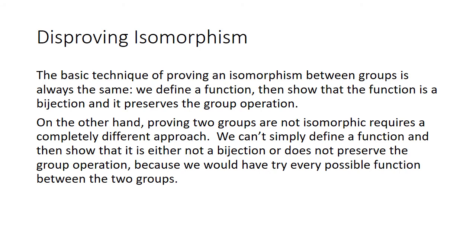We can't just define a function and then show that it's either not a bijection or it doesn't preserve the group operation, because there's just so many possible functions between the two groups, and you would have to try every single function and show that it doesn't work. There may be a few cases where you can try this approach by defining a general function where you never quite say what the formula is, but most of the time this is not going to work at all. So we need a different approach, and that will be provided by the next concept.